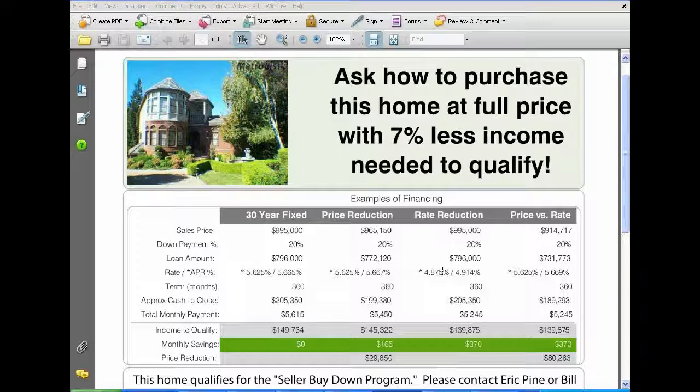What it does is reduce the interest rate. If you did the 3-2-1, it'll temporarily reduce it by 3% in the first year, 2% in the second year, 1% in the third year, and then the fourth year is at the regular rate. That's a temporary buy down. Whereas a permanent buy down, in this one, would be that the rate would be bought down to 5.625 permanently throughout the entire life of the loan.